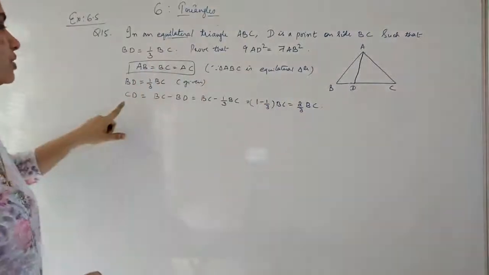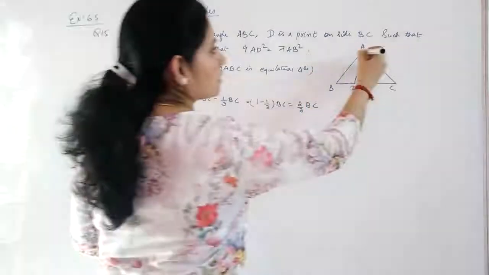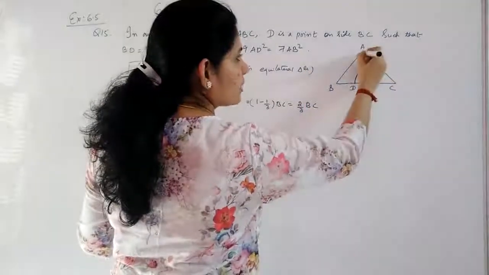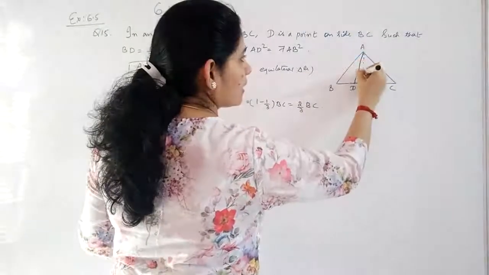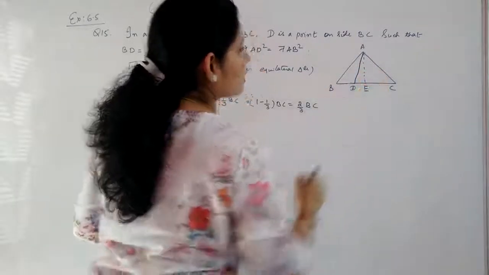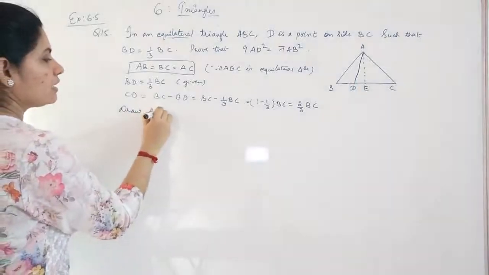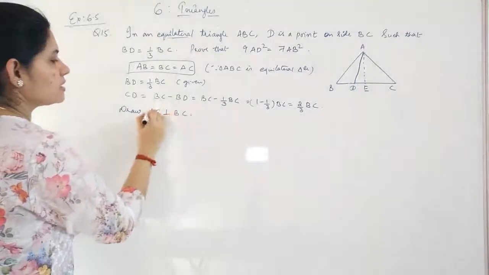Now what we are doing, we are drawing a perpendicular to BC from A. Suppose it be point E. So that is your construction part: draw AE perpendicular to BC.